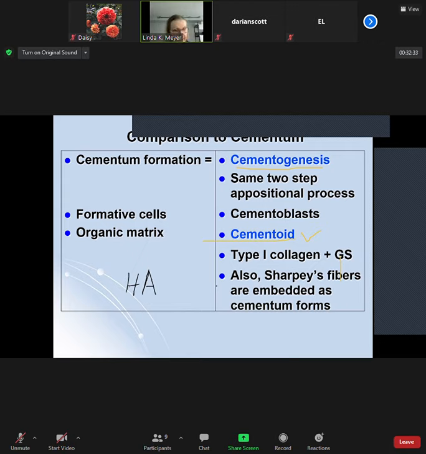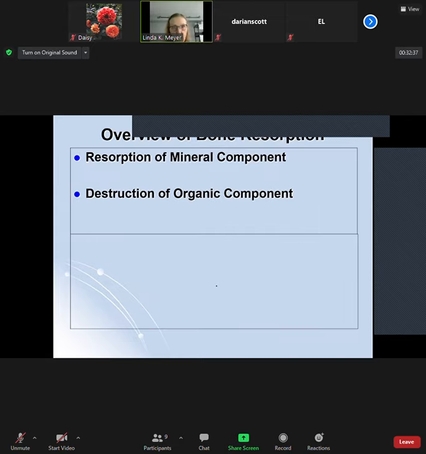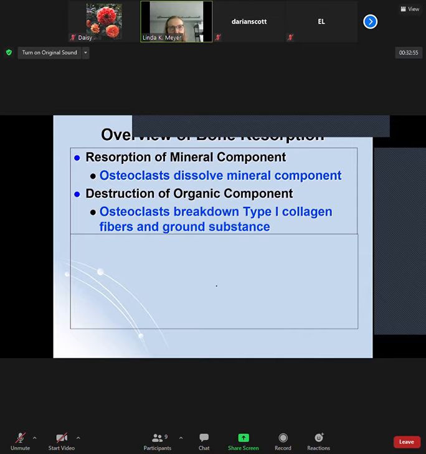Okay, let's go back to the bottom of the page we were just on and talk about bone resorption. Resorption takes place in a two-step process. The osteoclasts first dissolve the mineral component, the hydroxyapatite crystals, as it says on your outline, and then after that, they produce digestive enzymes that break down type 1 collagen fibers and ground substance.